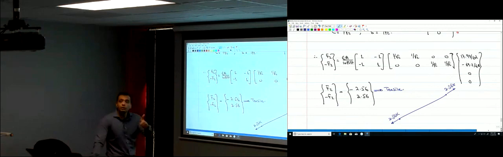Okay? So that's how you find the force in each member. You just need to use the local stiffness matrix, and you need to find the local displacements from the global displacements using U small equals T, the transformation matrix, multiplied by U capital. Any question? Okay. Thank you.